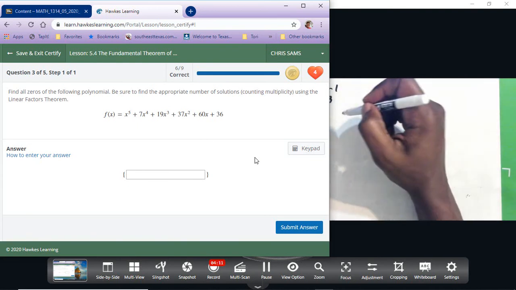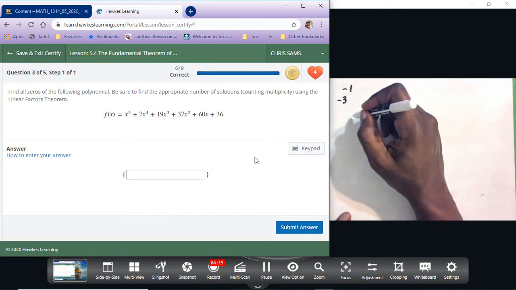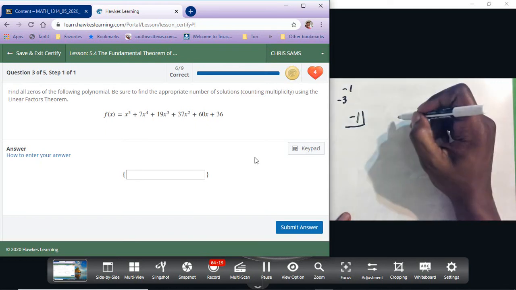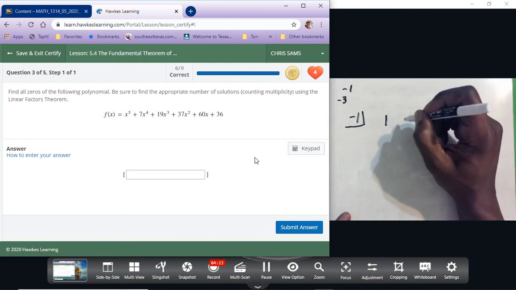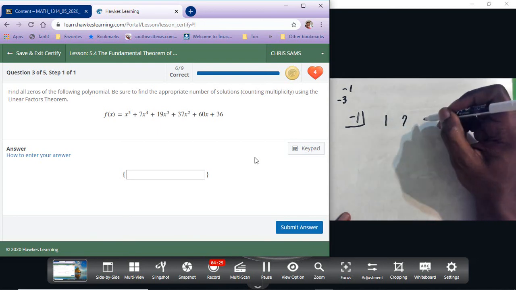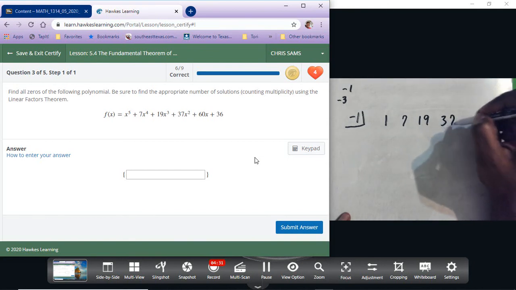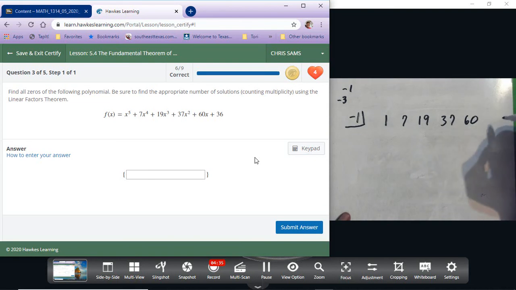Okay, so starting with -1, and then listing all my coefficients. The coefficient on x to the 5th is 1, and then we have 7, and then 19, and then 37, and then 60, and then 36.